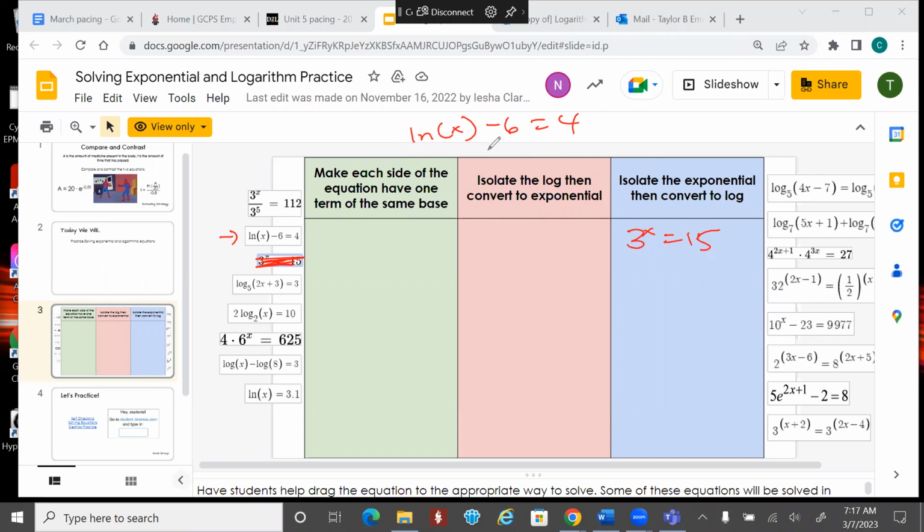Add 6 on both sides. So what is that doing? Is that isolating the log, or is that making each side of the equation have the same base? Isolating the log. So we're gonna put this guy over here. Okay, so we're gonna do that for each one of these.